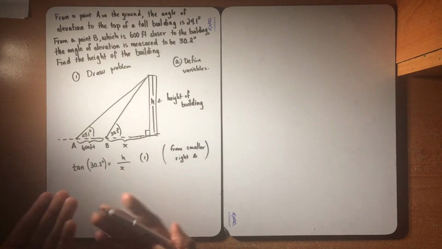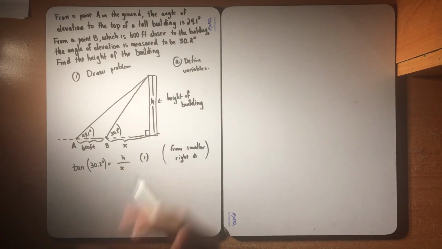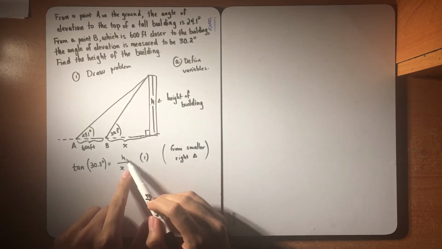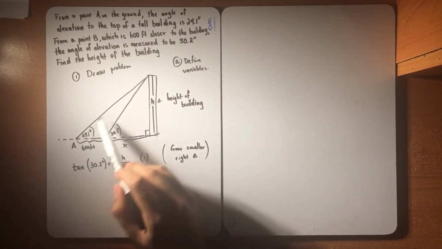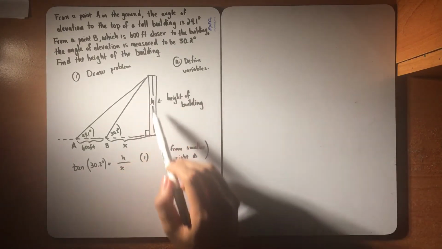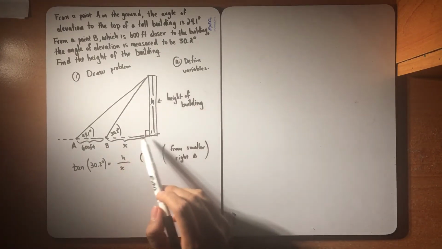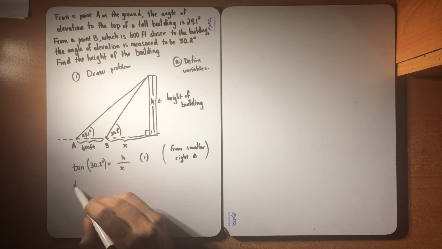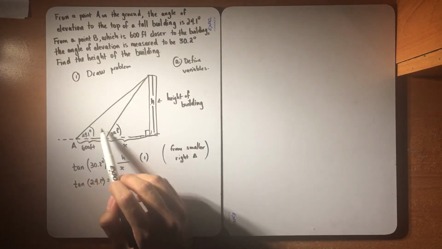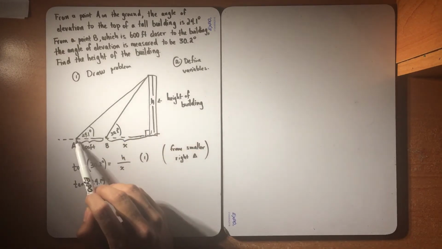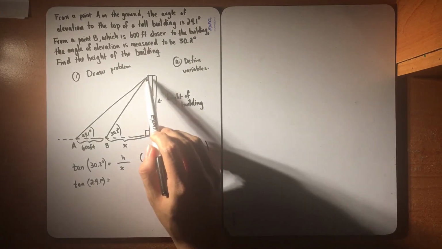So now look what we have. We're applying these trig ratios to solve. But at the moment, we only have one equation, but we have two unknowns. So I'll need to have another equation. And this other equation comes from the larger right triangle. If we look at the larger right triangle, we have the angle 24.1. And we're going to utilize tangent again because tangent of 24.1 is opposite H, and it's adjacent to this side here, because remember, we're looking at the larger right triangle.